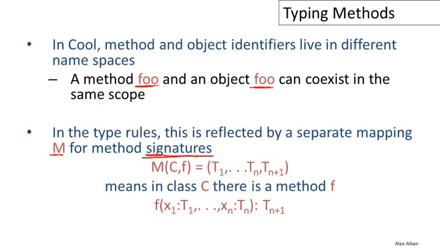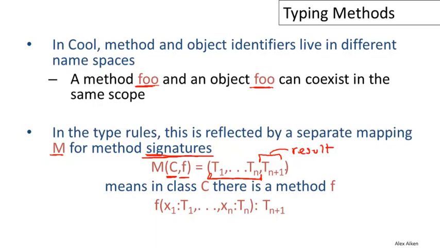A signature, this is a standard name that you'll probably hear used in other contexts, is just a function's input and output types. So this table, M, is going to take the name of a class and the name of a method in that class, and it's going to tell us what the argument types of the method are. All but the last type in the list are the argument types of the method, in order, and then the last type is the result type, the type of the return value.